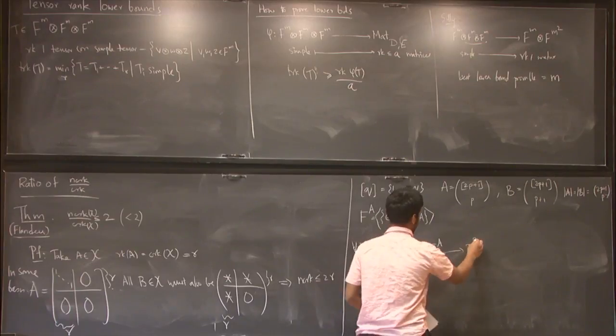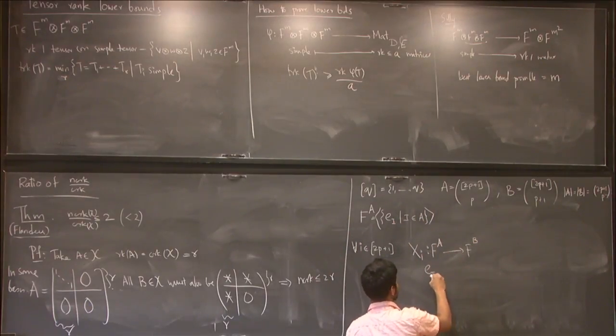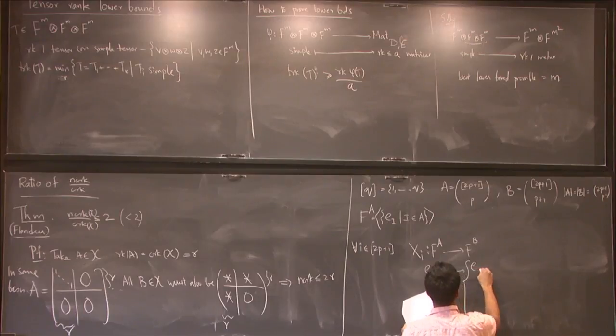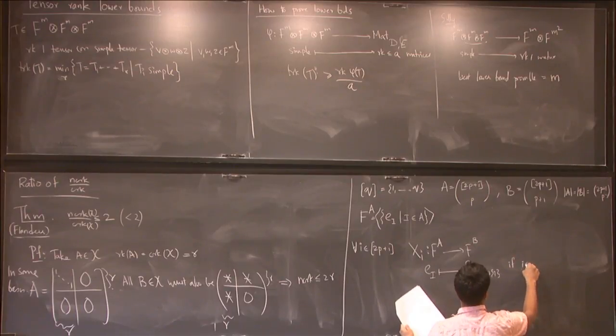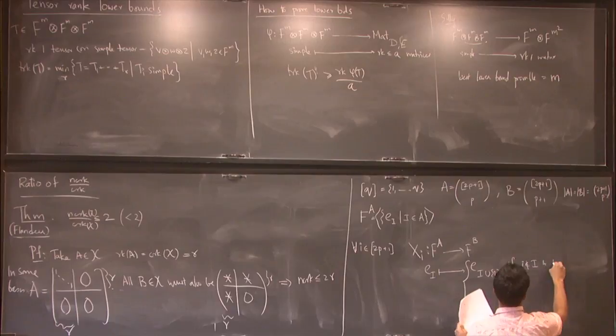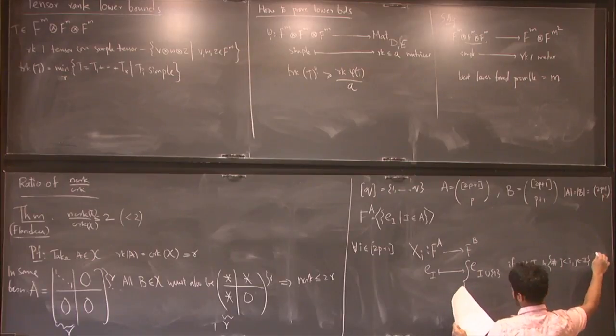It's enough to tell you where each of the basis elements goes, and it goes to e_{I union i} if i is not in I, and the number of j less than i, j in I, is odd.